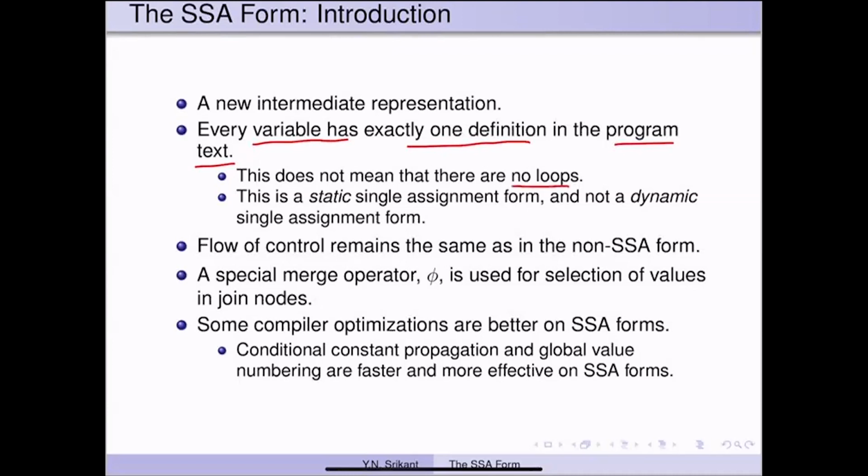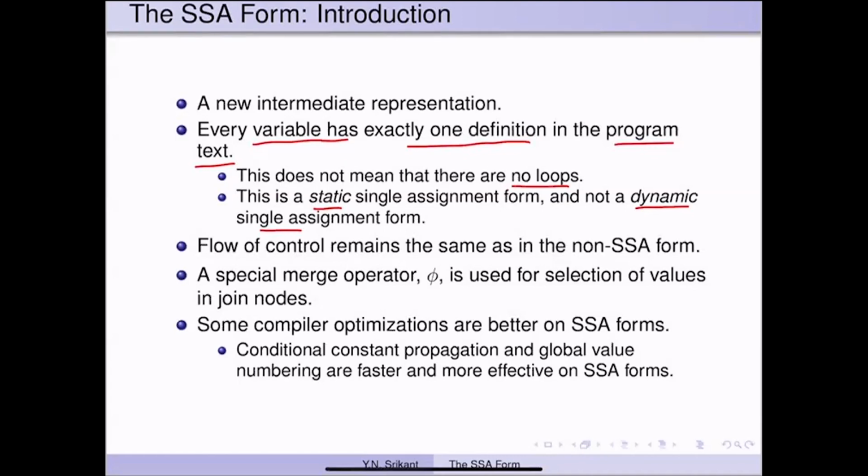It doesn't mean there are no loops. Obviously, the program must have loops. Otherwise, there is not much we can do. This is a static single assignment. So in other words, by looking at the text, you will see only one assignment to each variable. And it is not a dynamic single assignment form. Okay. So we will know very soon what this really means.